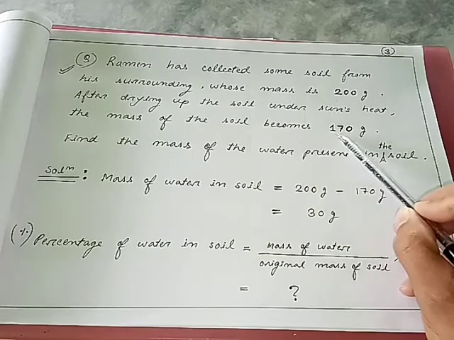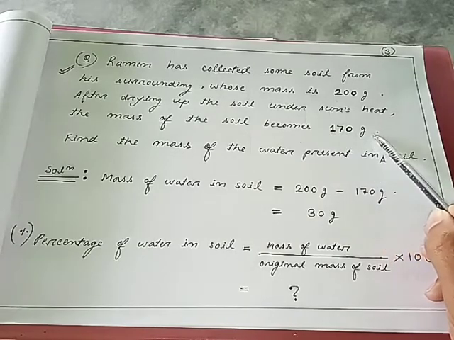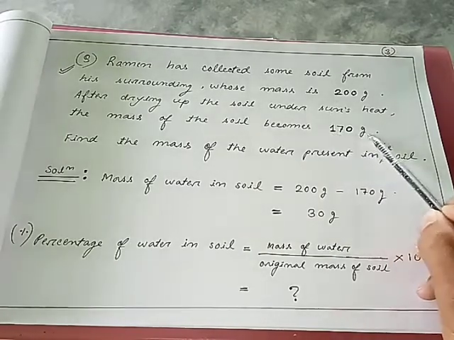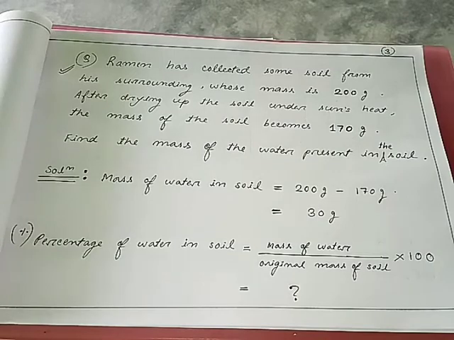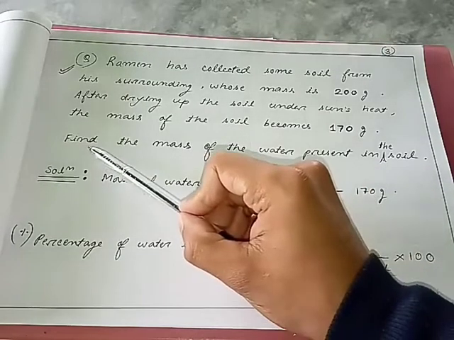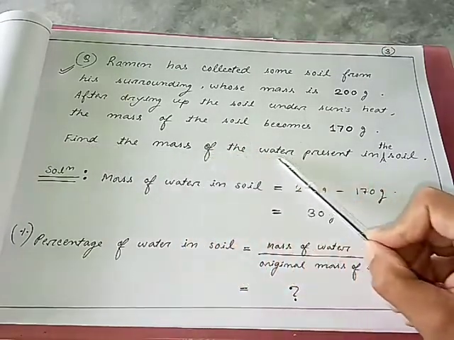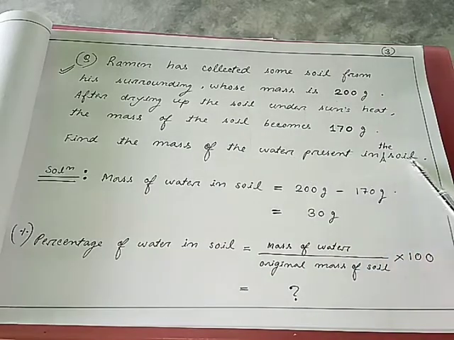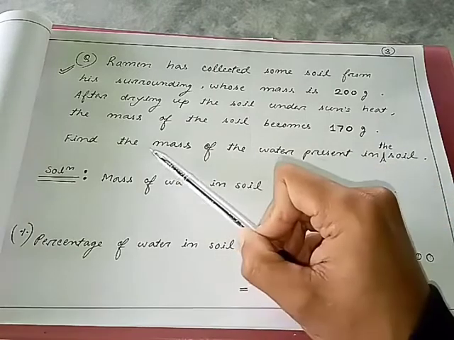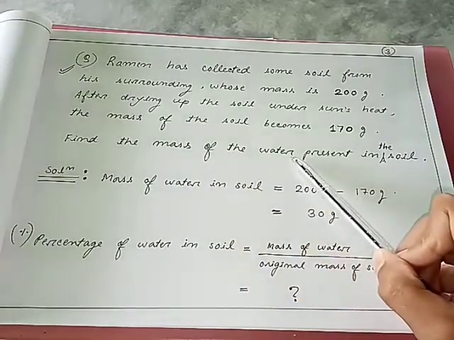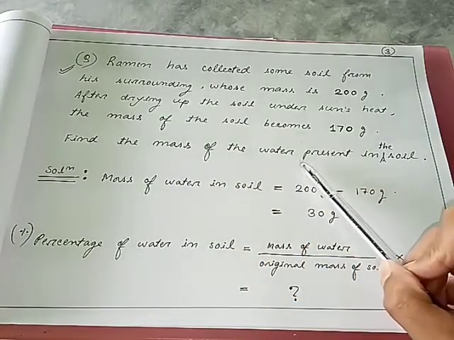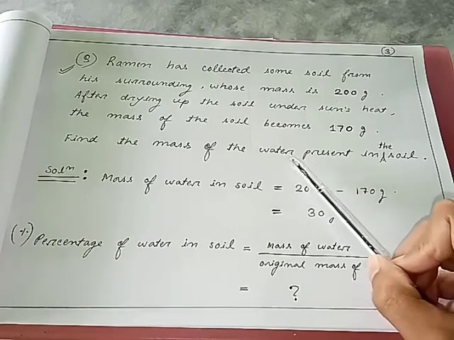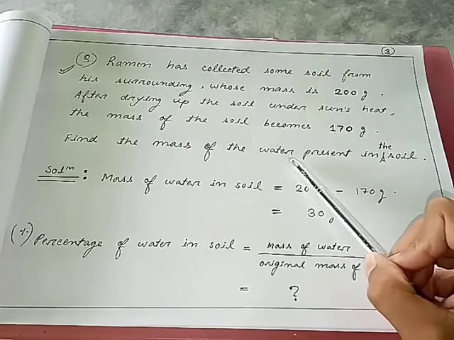That's why the mass becomes less, the mass got reduced. Now we have to find the mass of the water which was present in the soil initially, the mass of the water which got evaporated. So we have to find out the amount of water.